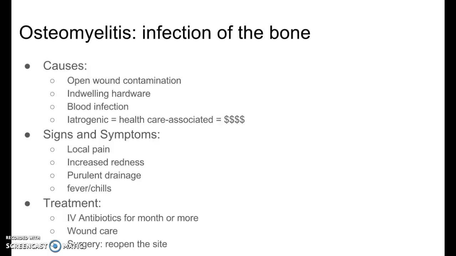And then iatrogenic or healthcare associated infections. MRSA, methicillin resistant, is probably the most familiar. Those are very costly, and Medicare is becoming more and more stringent on how much of those it will pay for, because Medicare's philosophy is if it's hospital acquired, the hospital should be punished for it.